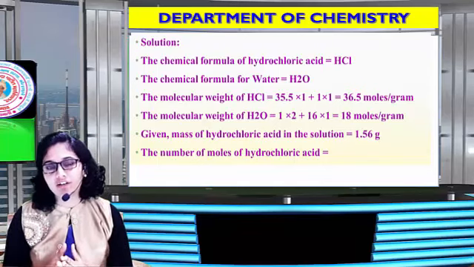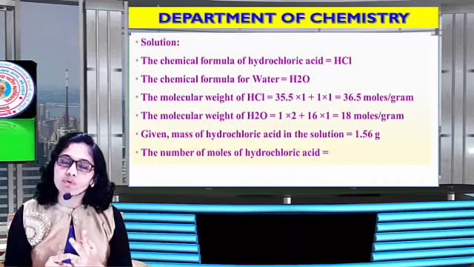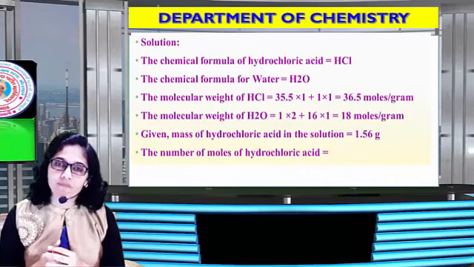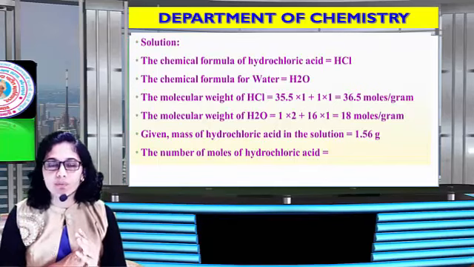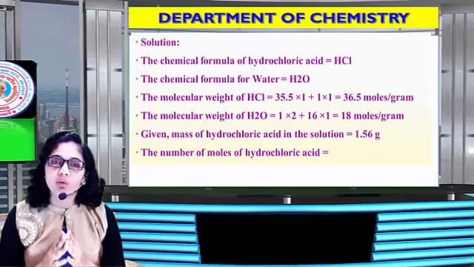There are three quantities: number of moles, molecular weight and weight. Since we know the molecular weight and the weight of the compound, by using these two values, we can easily calculate the number of moles. So n is 1.56 divided by the molecular weight.